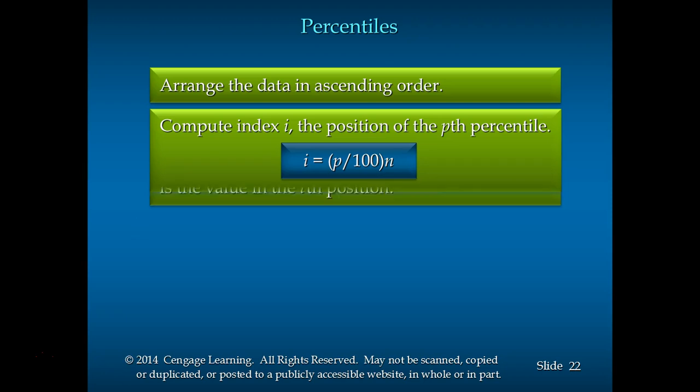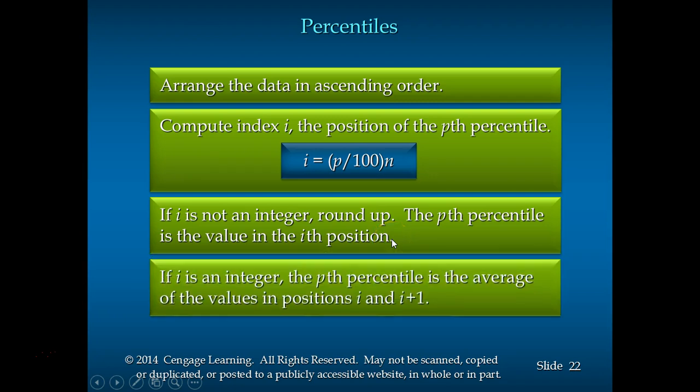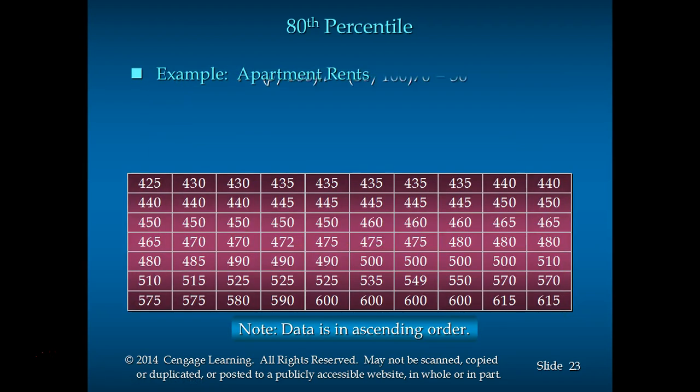Okay, everybody? If I is not an integer, round up. Then the pth percentile is the value in the ith position, okay? If I is an integer, then the pth percentile is the average of the values in the I and I plus 1 positions, okay? I'll give you an example.